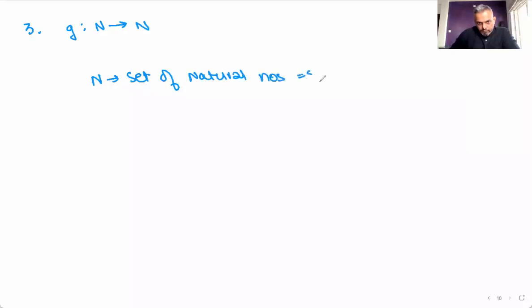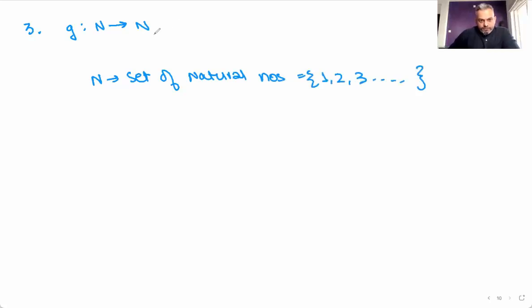Question number 3. Now function g is set N to set N. Now what is N? Okay, N is set of natural numbers, which is equal to 1, 2, 3, on and on and on.